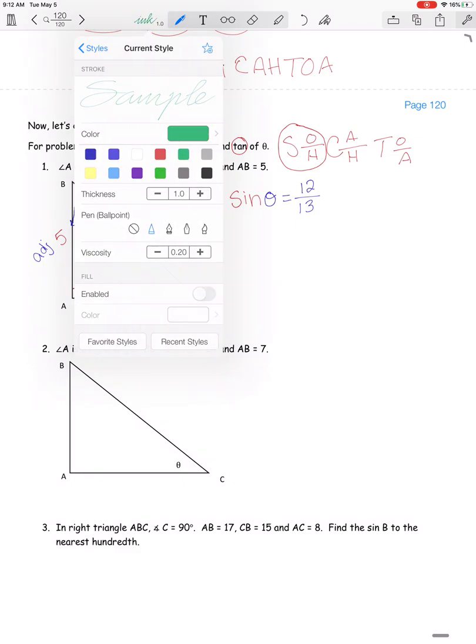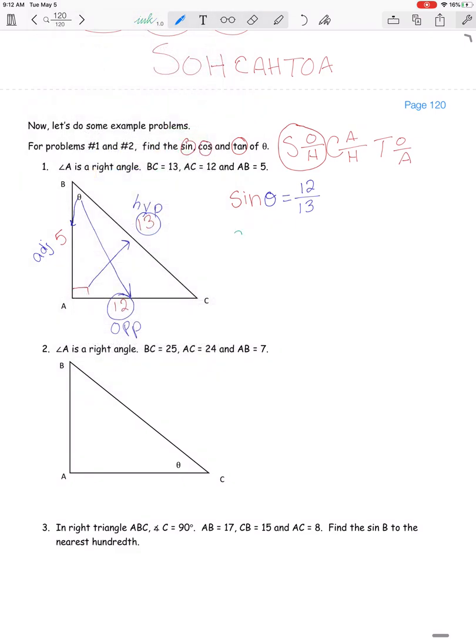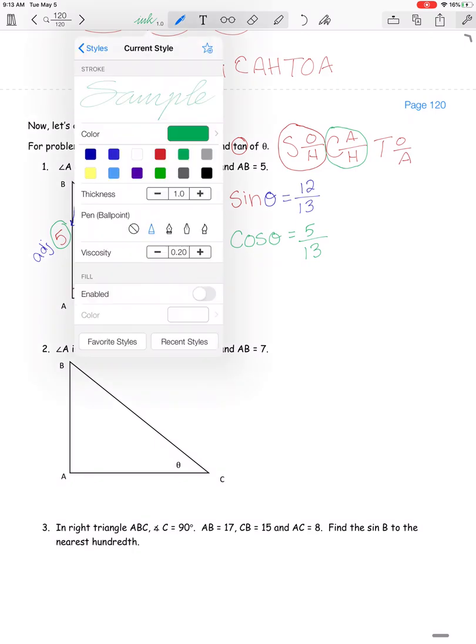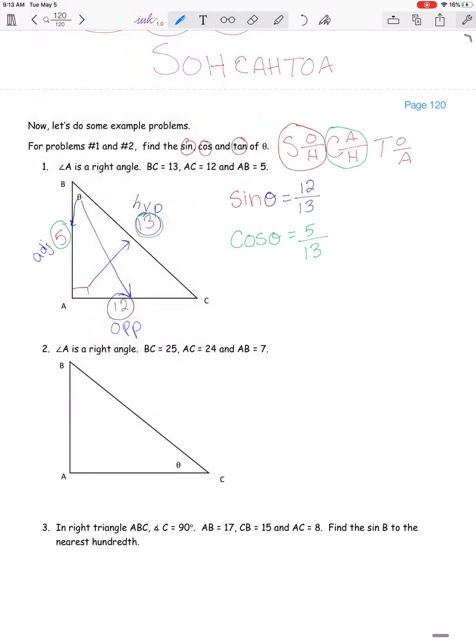So now, if I wanted to find the cosine of theta, cosine is adjacent over hypotenuse. So the adjacent is 5 over the hypotenuse, which is 13. And last but not least, we have to find the tangent.